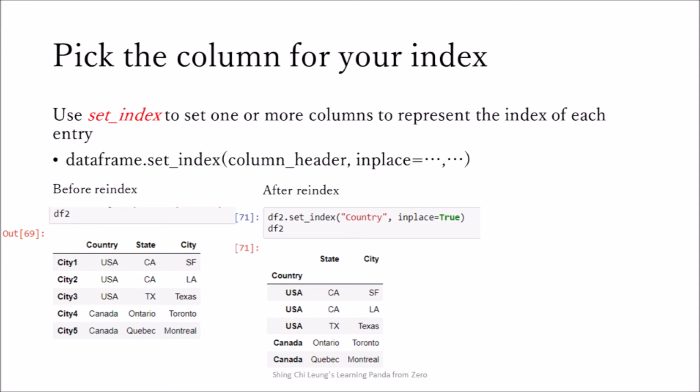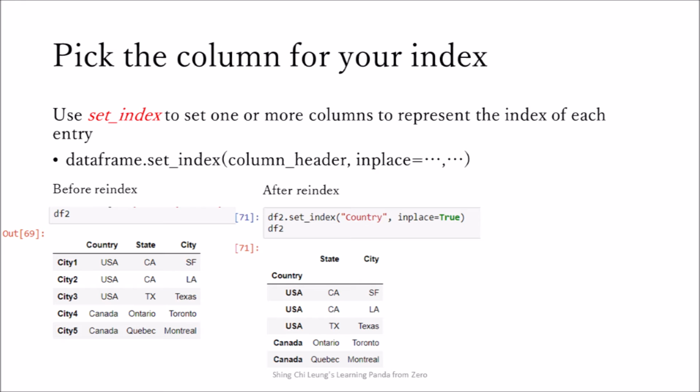Let's look at one example. We consider the same data frame about some United States and Canada cities. The original data frame used the index city 1, city 2, and so on. If we set the index using country, now we see that the index name will be the value taken from the country column.